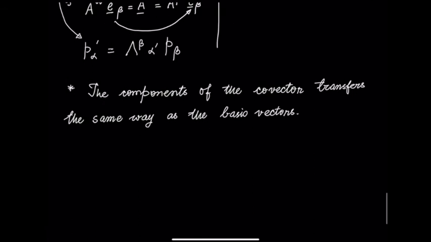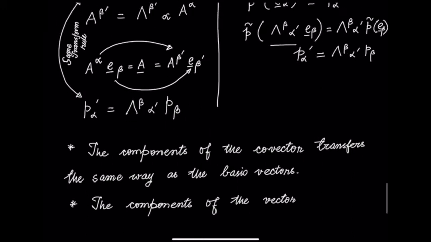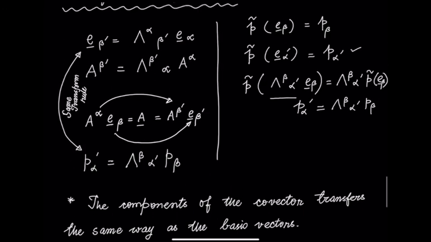On the other hand, this is the components of the covectors. The components of the vectors, the vector that we started with. So this is the vector. This is the vector A.